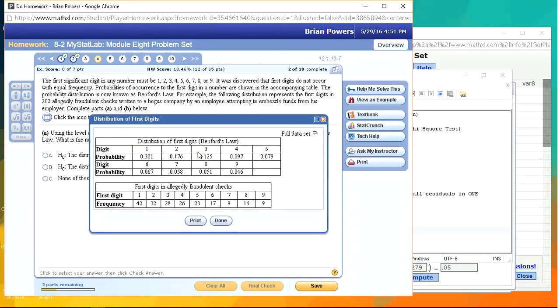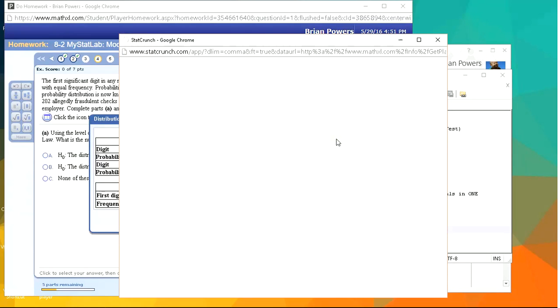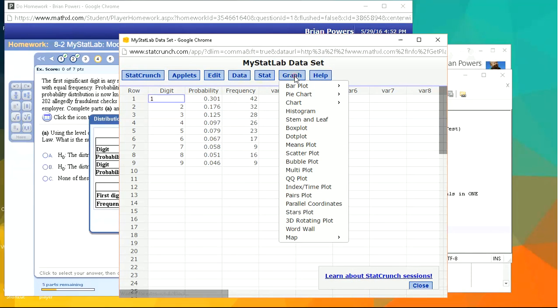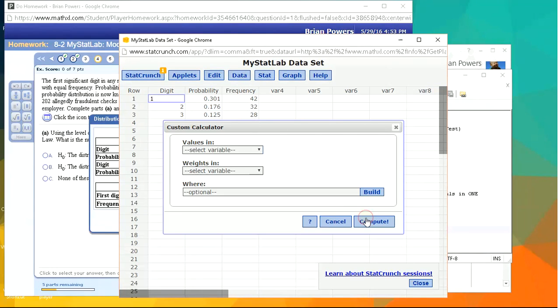This is the distribution from Benford's law. The number 1 comes up 0.301, about 30% of the time as the first digit. 2 comes up about 0.176. Let's open this in StatCrunch. It'll be easier to look at. Just to understand it a little better, I'm going to create a bar chart using custom calculators.